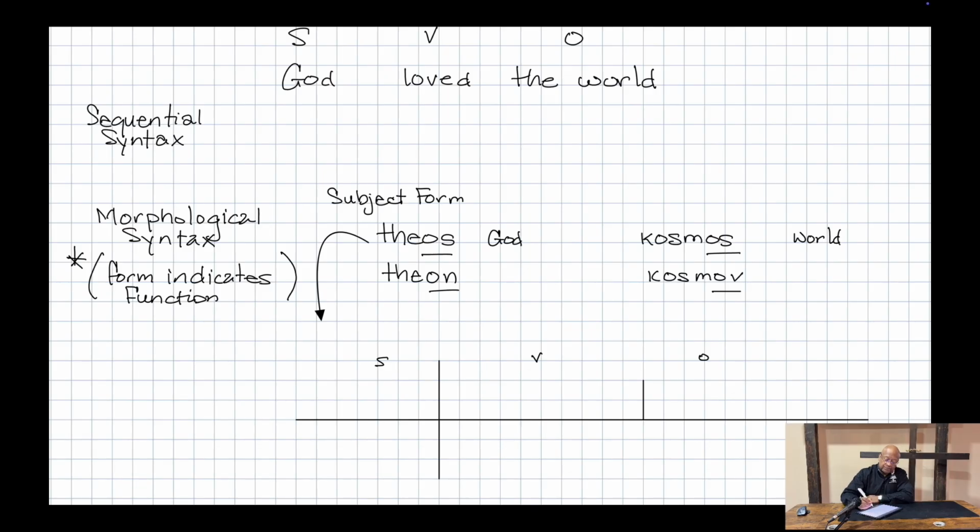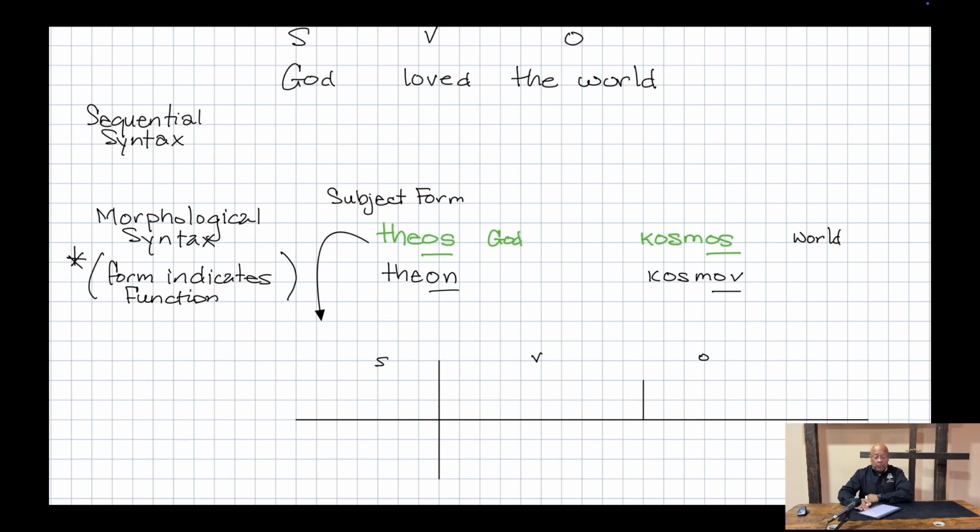Now, I'm going to change the coloring of these. These two are going to be green. This is where the sentence starts and gets going. Let's make that a little bit stronger. And the direct object form, we're going to put this in red.